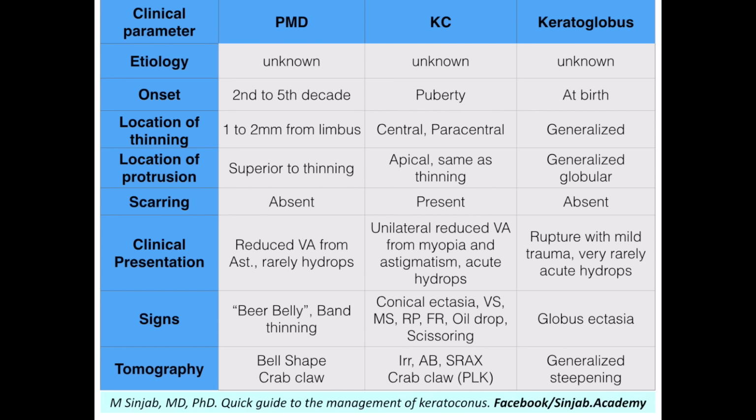While in keratoglobus, we can see a globus ectasia. On tomography, the hallmark of pellucid marginal degeneration is the bell shape on the pachymetry map. The crab claw can be seen on the curvature map, but it is not a hallmark because it can be seen also in pellucid-like keratoconus.